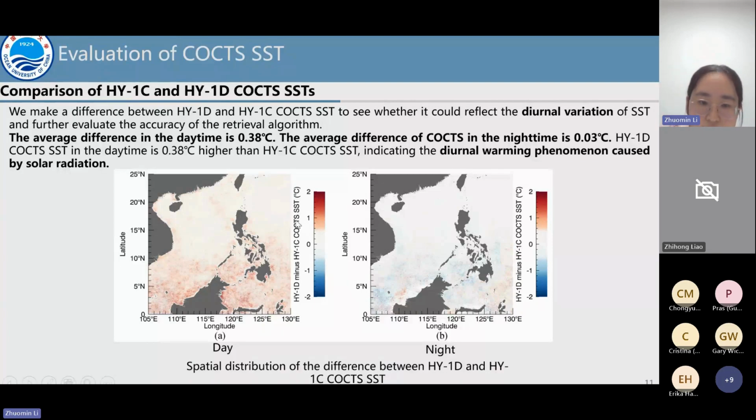HY-1D COCTS SST in the daytime is 0.38 degrees higher than HY-1C COCTS SST, indicating the diurnal warming phenomenon caused by solar radiation. These two figures show the spatial distribution of the difference between HY-1D and HY-1C COCTS SST. For the images of the day, we can see HY-1D is higher than HY-1C in most areas.